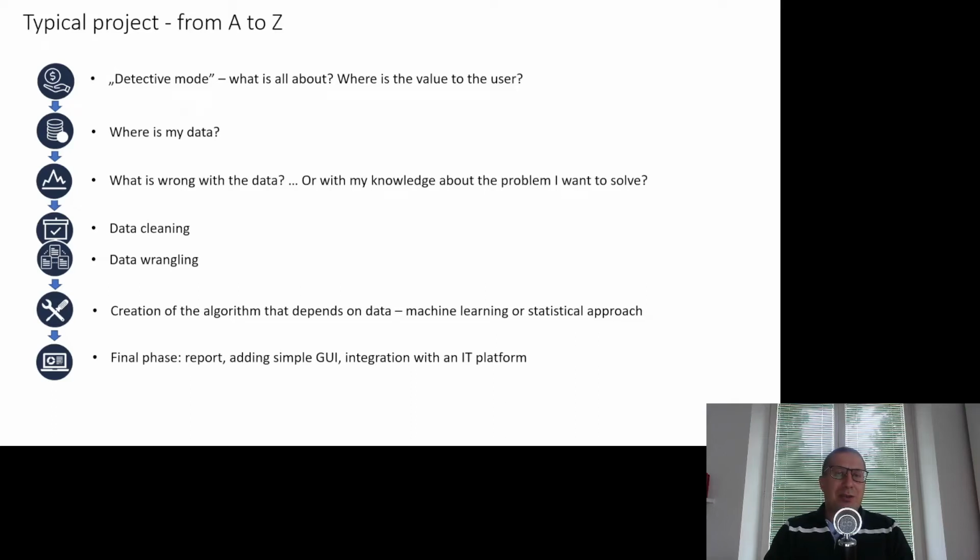Then we need to clean the data and do the data wrangling. I will tell you more about this data wrangling process later on; it will help us get a better form of the data.